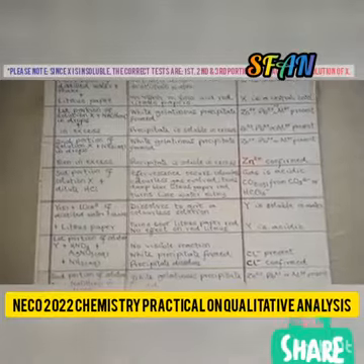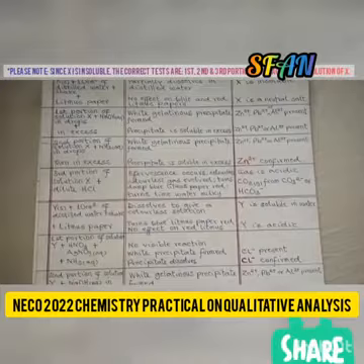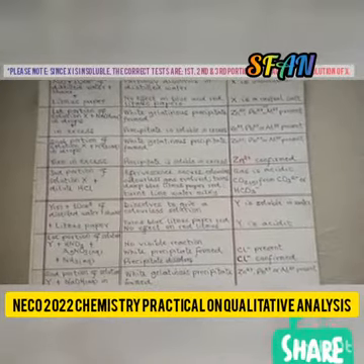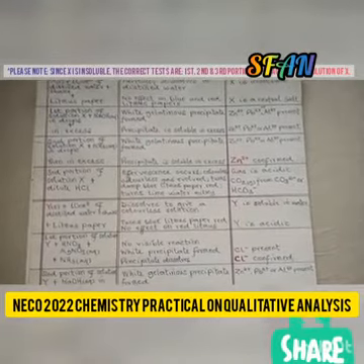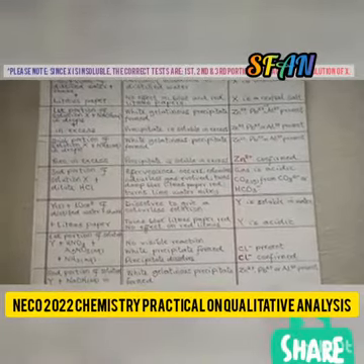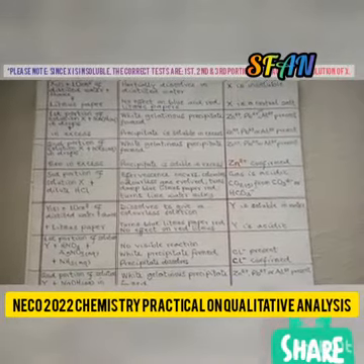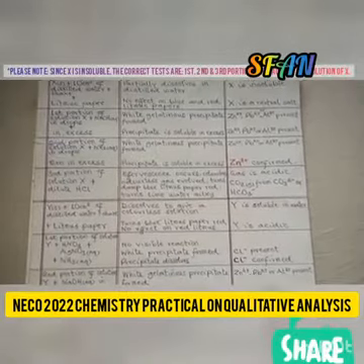Then to the second portion of X, we added aqueous ammonia in drops and then in excess. Our observation when we added in drops was that a white gelatinous precipitate was formed. That means for our inference, we have that Zn²⁺, Al³⁺, or Pb²⁺ is present.